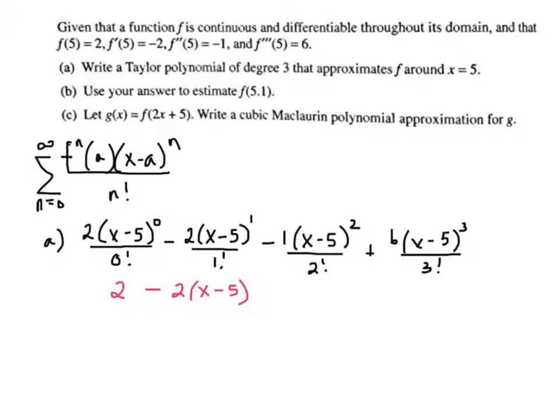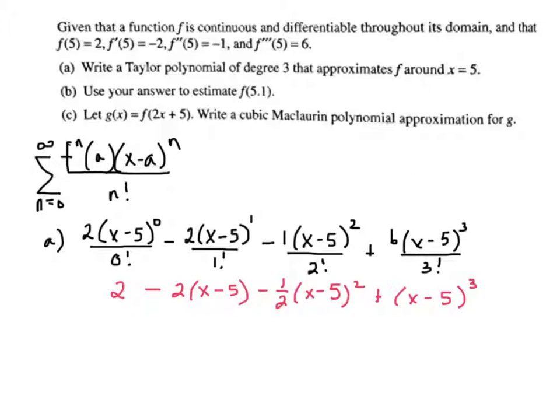All right, now we've got negative 1 over 2 factorial, so that's negative 1/2, then x minus 5 squared. 6 over 3 factorial, well, that's 1, so we just get plus x minus 5 cubed. So there's the Taylor polynomial of degree 3 that approximates f around x equals 5.